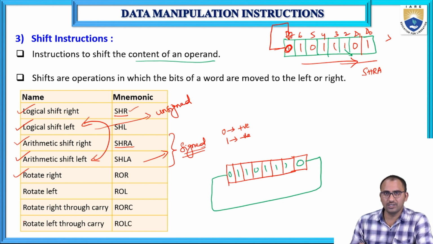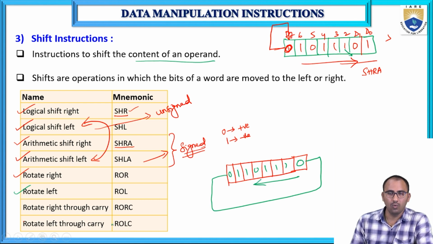Whatever data is present in the register will be rotated in a circular fashion, either from left to right or from right to left. So here, rotate right means the data is moving in this direction. Similarly, rotate left means the data is moving in this direction.